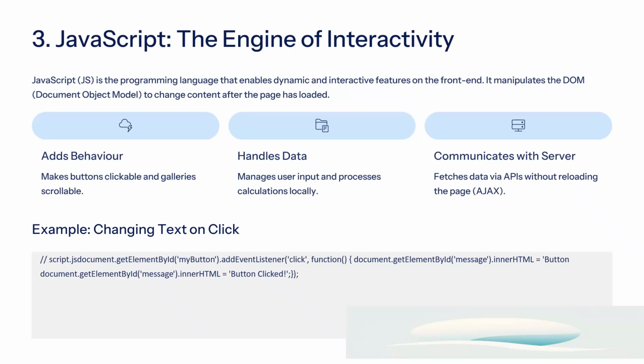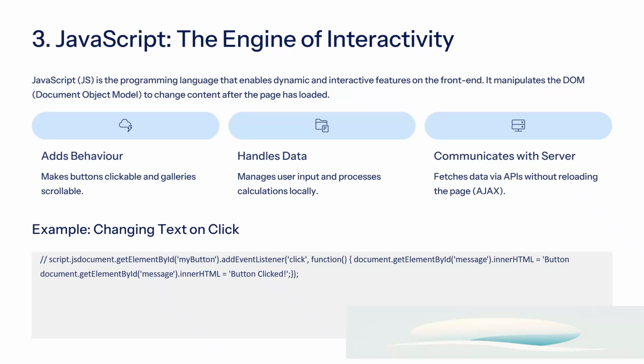Now let's look at the three key roles of JavaScript. The first is adding behaviors. JavaScript makes the website interactive. It is what allows buttons to be clickable, images to slide, and forms to respond instantly to the user's action. Also, it handles data.